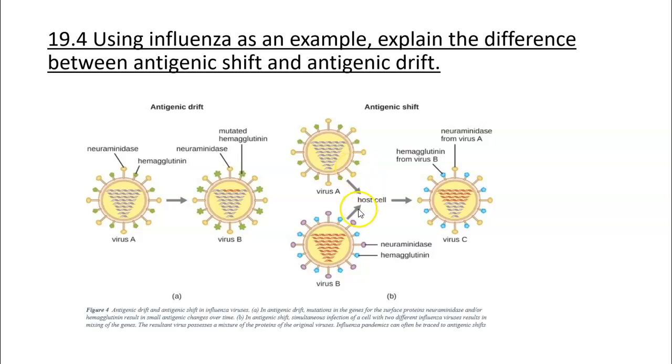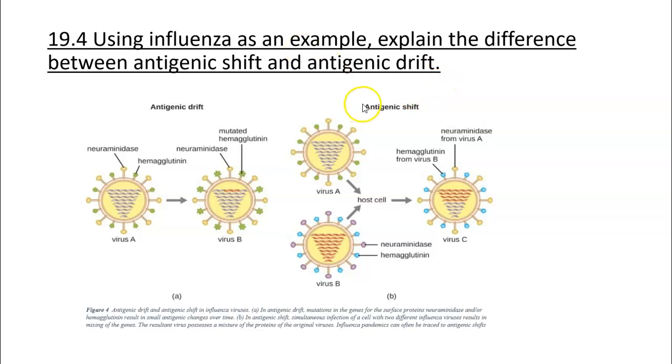And these viruses are going to mix inside of this host and form a completely new virus. Notice that with the drift, there's some similarities from the previous virus to the new one. But in this shift, you can change this virus entirely. We have a virus that may never have been made before, may not have ever occurred before. We can create new viruses this way.